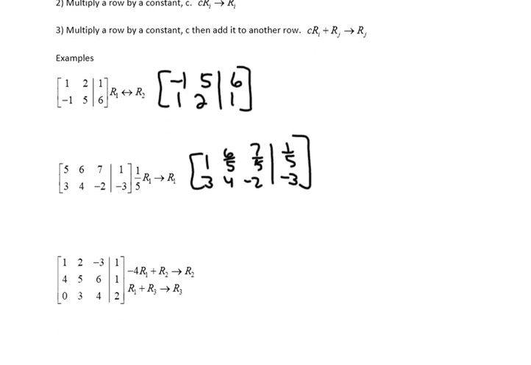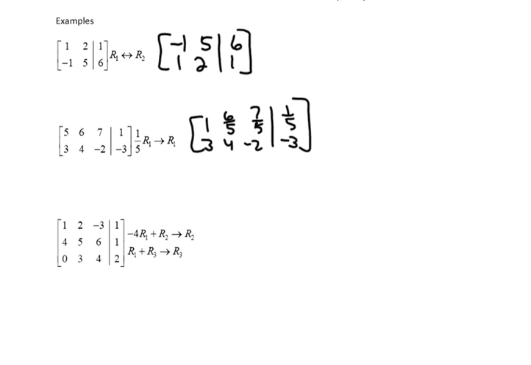Now I'm doing 2 different row operations for this. Let's start with negative 4 r1 plus r2 is my new row 2. So what am I doing? I'm going to take negative 4, multiply by 1, and add it to 4. And that's 0.